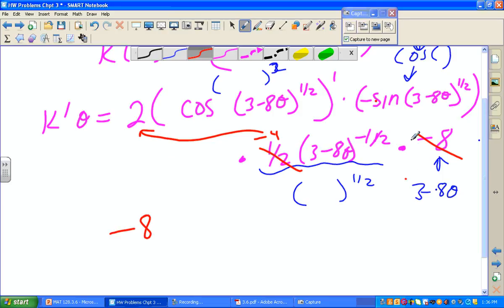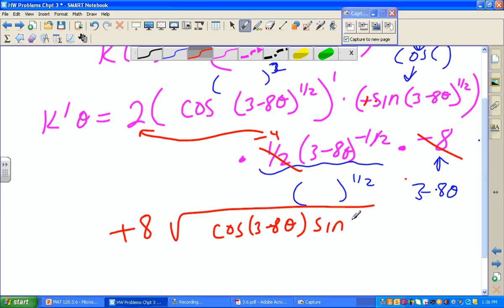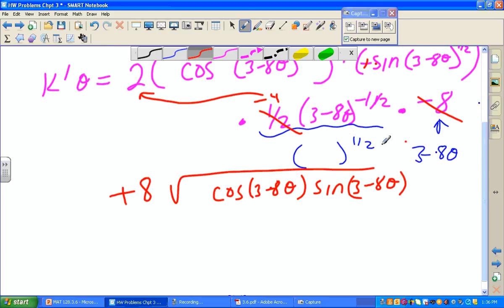The negative and the negative make a positive, so that's gone. You got both of these in a square root, so you can combine square roots: cosine 3 minus 8 theta, sine 3 minus 8 theta, because they're both in the same radical. Then you have a negative radical here, so you can put all over 3 minus 8 theta.